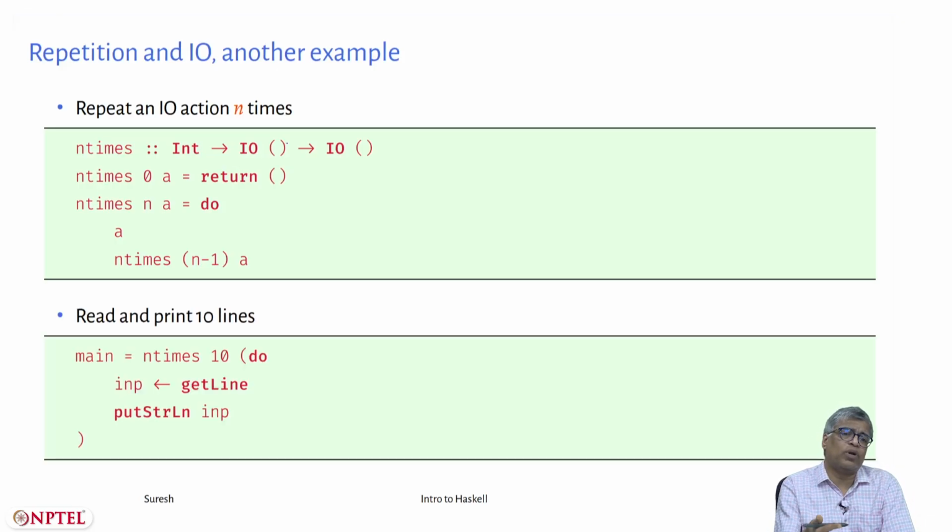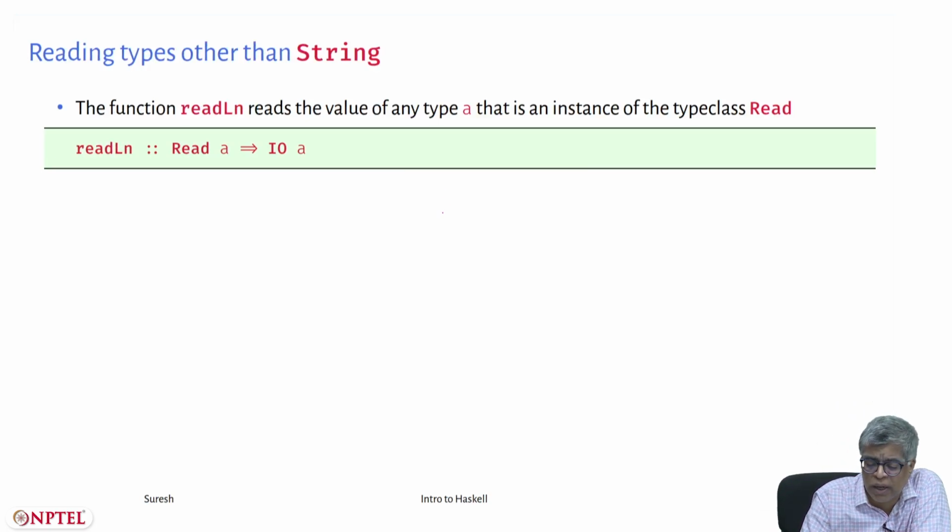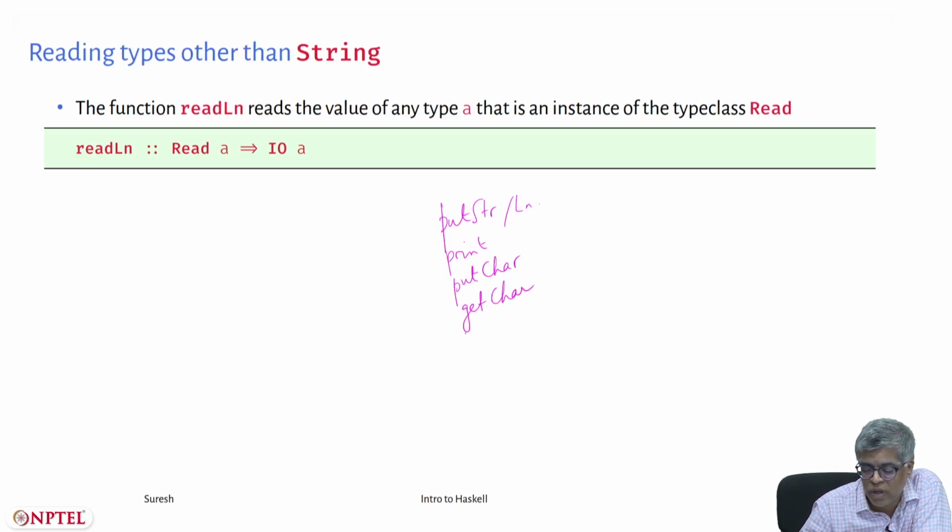And here is how you would read and print 10 lines. Yeah, so 10 times you ask the user for input and immediately print it out. Here is another function. So far we have seen putStrLn, print, putChar, getChar, getLine.